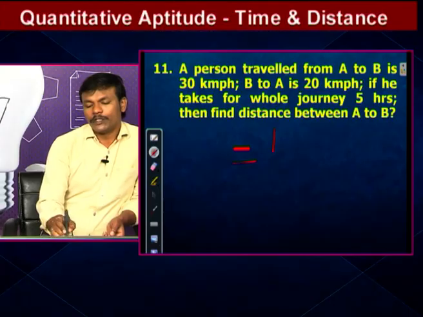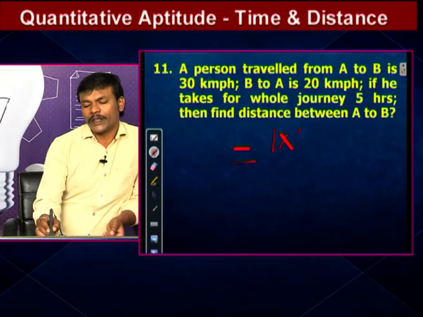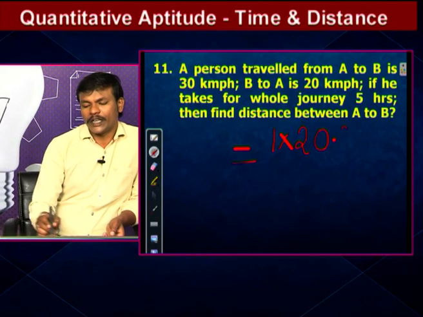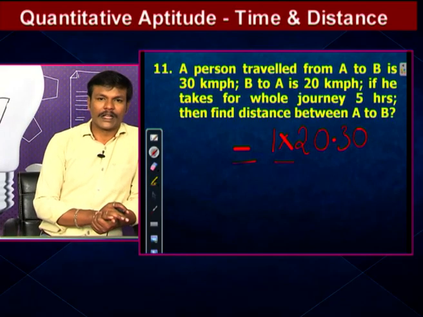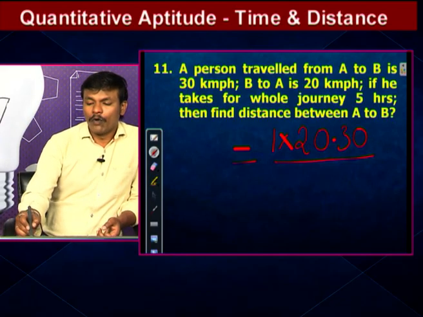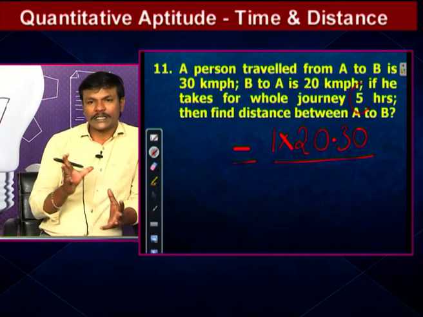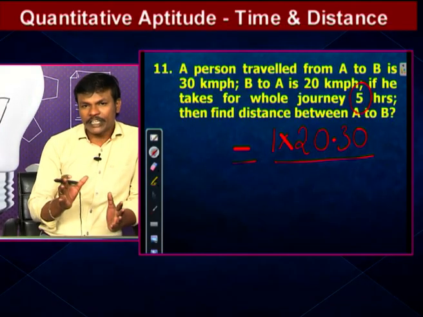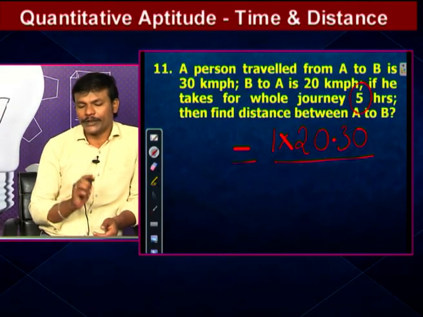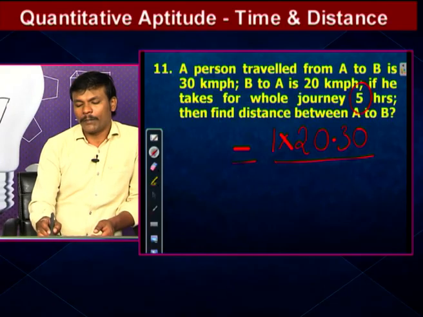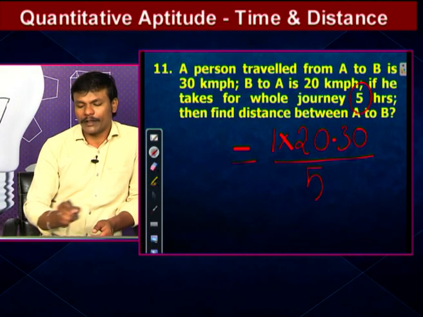A to B means one way of distance, only one way with the two speeds. What are the two speeds? Both speeds are 20 into 30, by the whole journey, which means the sum, addition of A to B plus B to A, that is plus both speeds, 50.